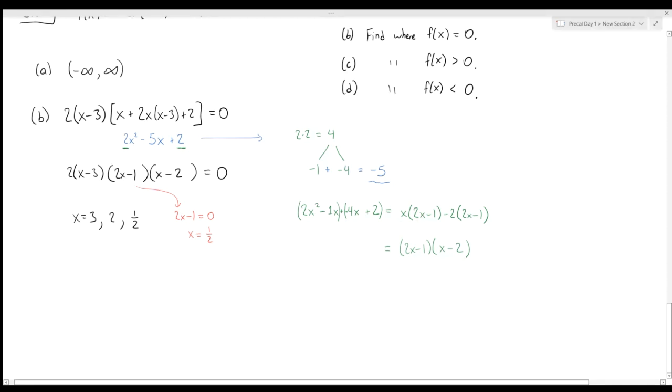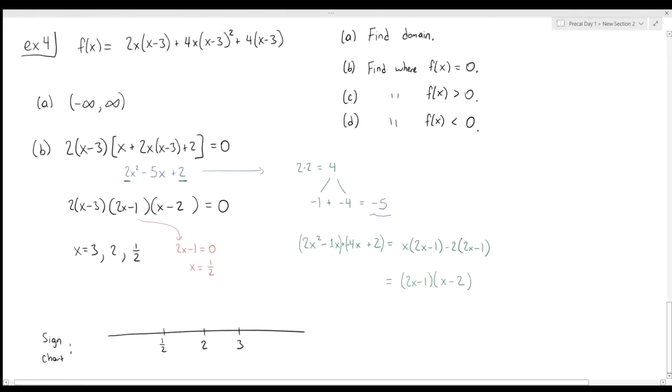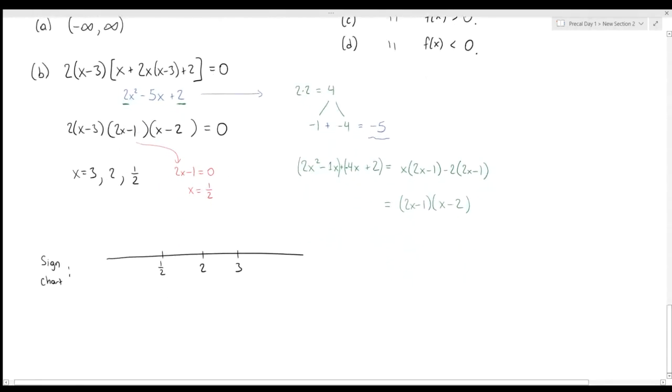So then the last thing we'll do is make our sign chart. Okay, so we have 1/2, 2, and 3.